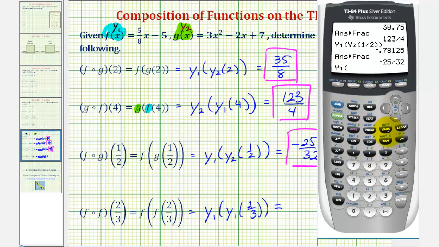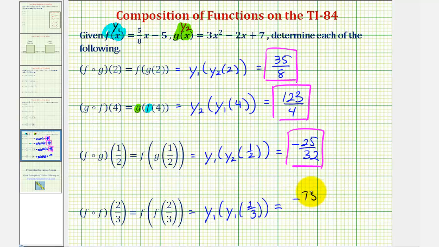We want y sub 1 again, so vars, right arrow, enter, enter, open parenthesis, the input of 2/3, close parenthesis, and enter. And one more time, math, enter, enter, to convert to a fraction. Negative 755 over 96. So f of f of 2/3 equals negative 755 divided by 96.